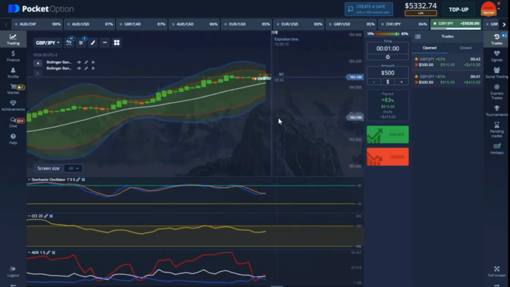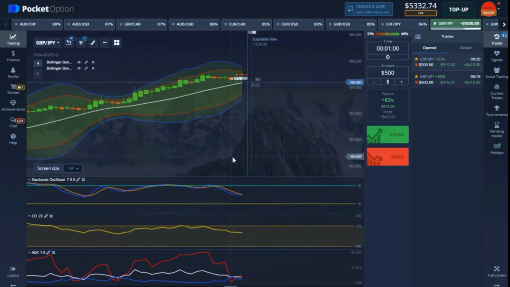The second thing is the trend of our stochastic: it has been in the overbought position and has been heading down, so good on this. The same thing with our CCI, which followed the trend coming down. But the most important thing is that we have our ADX, all the lines in combination, in the oversold position. With this I know it's definitely going to be a good moment, so that's the reason why I applied this trade.